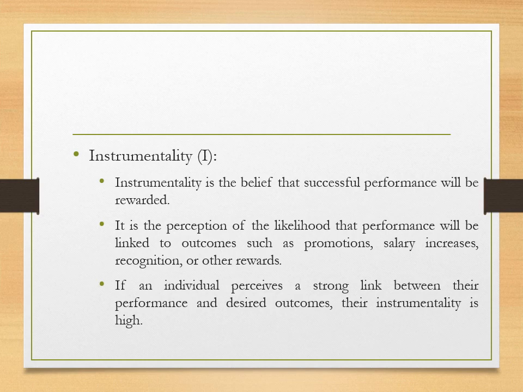If an individual perceives a strong link between their performance and desired outcomes, their instrumentality is high. So what are the two aspects that we need to consider in instrumentality? Performance and perception. If the employee feels that through their performance, their outcomes are going to be better, their instrumentality level is high, and vice versa.